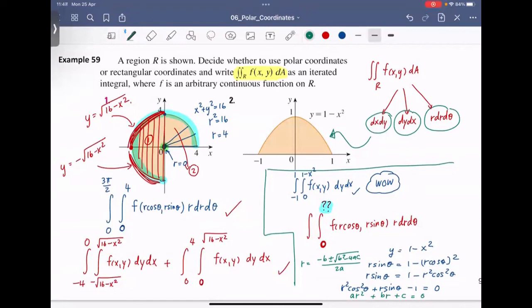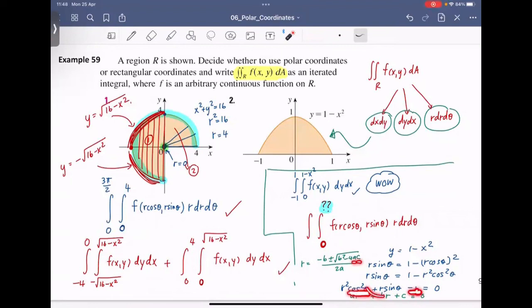You can see, right, that parabola is not a good one to do with polar coordinates because the equation you get is terrible. If I keep doing it, it's going to be negative sine theta plus or minus. Well, you use b as the coefficient of r. What I mean is you use sine theta as your b, cosine squared theta as your a, and -1 as your c.